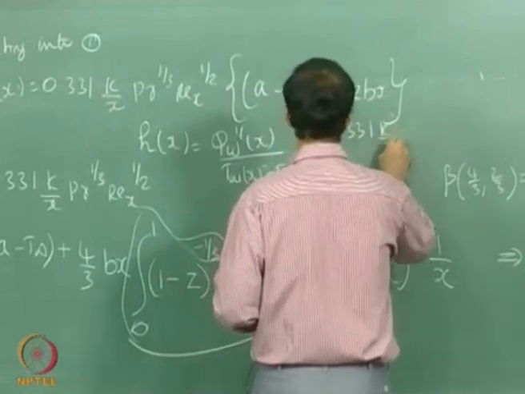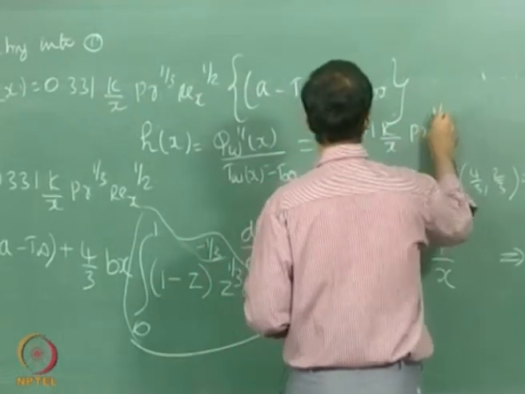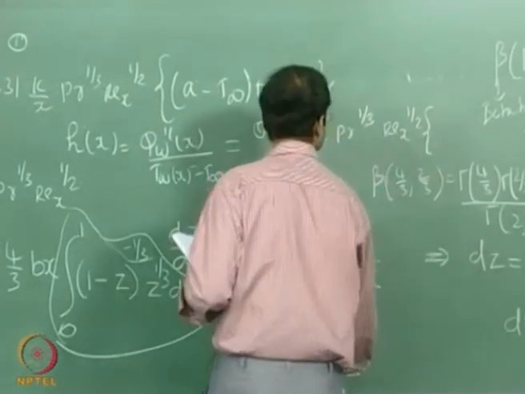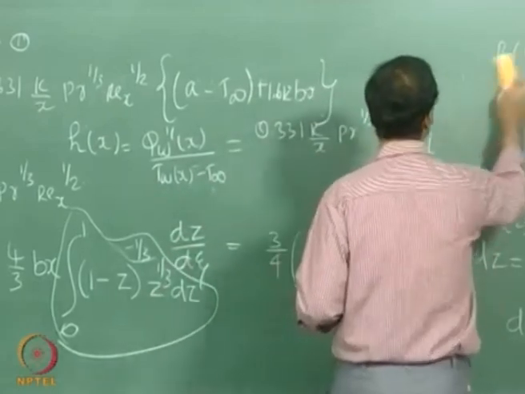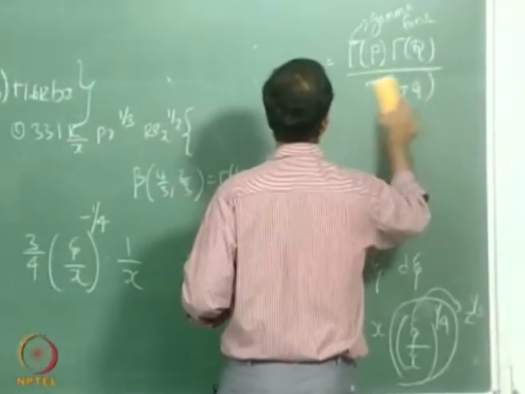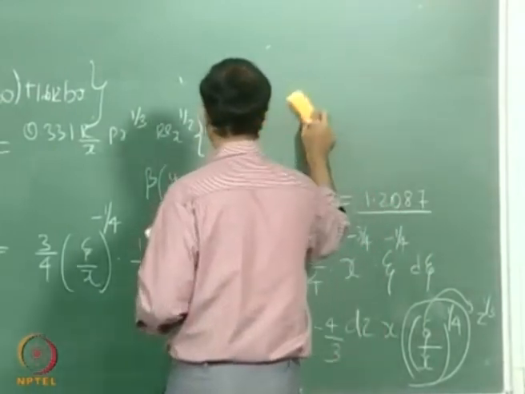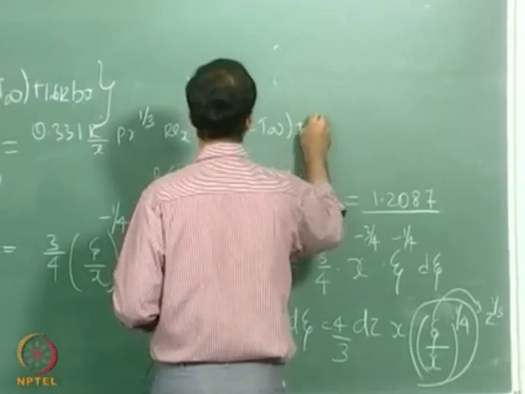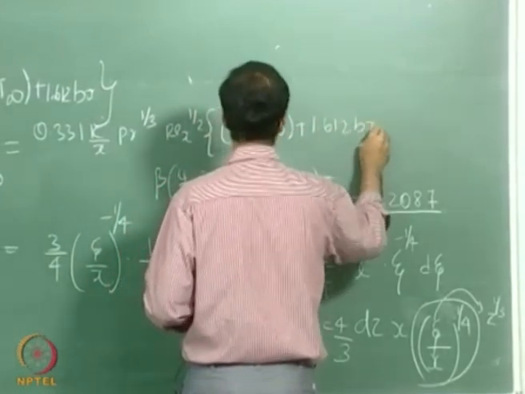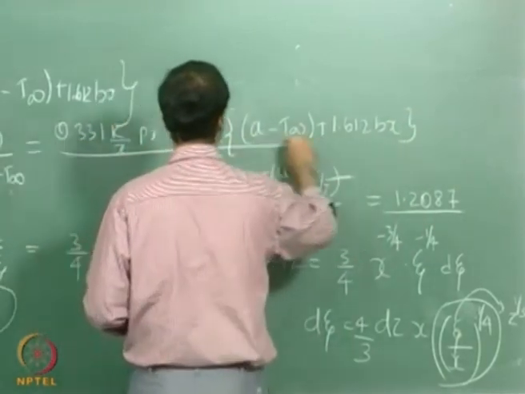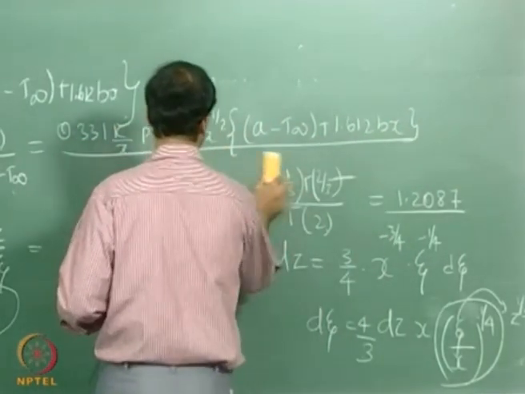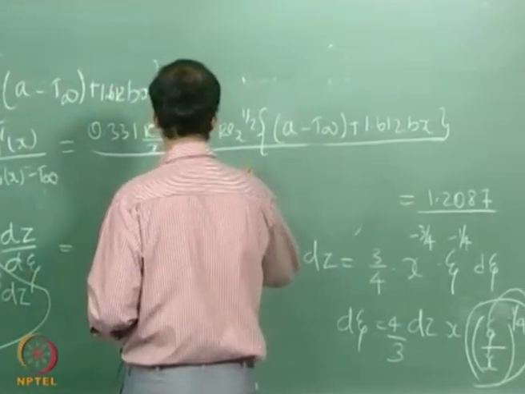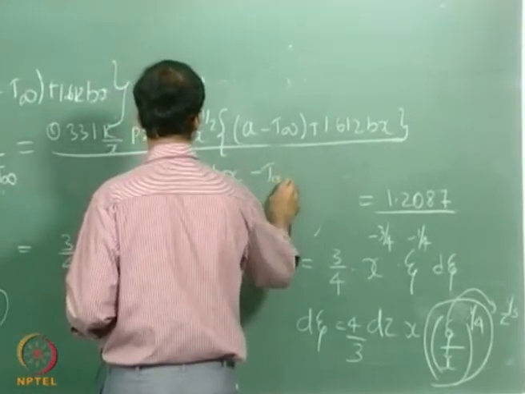0.331 A by x Pr to the power 1/3 ... 612 Bx, the entire thing divided by T wall minus T infinity, which is nothing but A plus Bx minus T infinity.